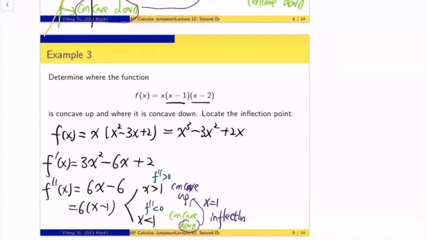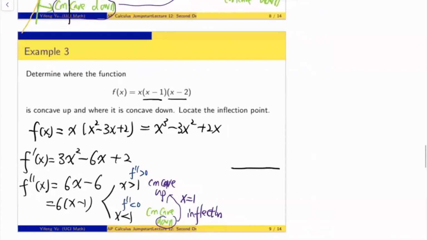Okay, let's draw the graph so that we have a better view of how it behaves. This is x, and this is y.